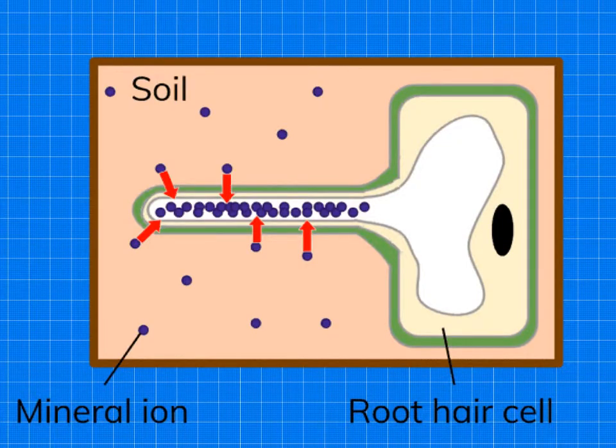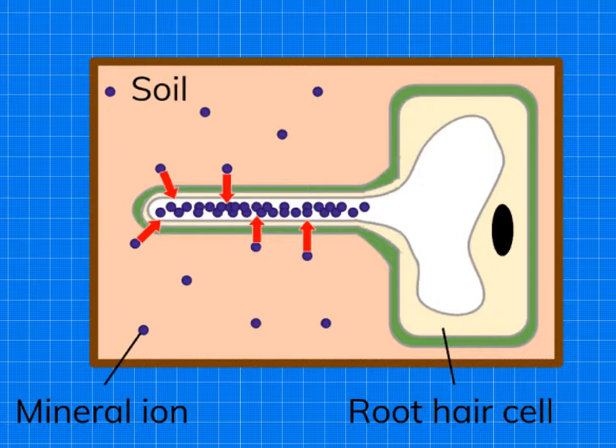Here's an example of where active transport occurs. This is a root hair cell, found in the roots of plants. As you notice, you've got mineral ions, and these mineral ions are in much lower concentrations outside in the soil. They're basically in a very dilute solution.